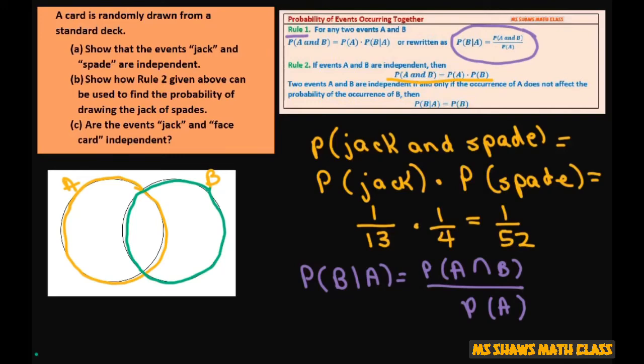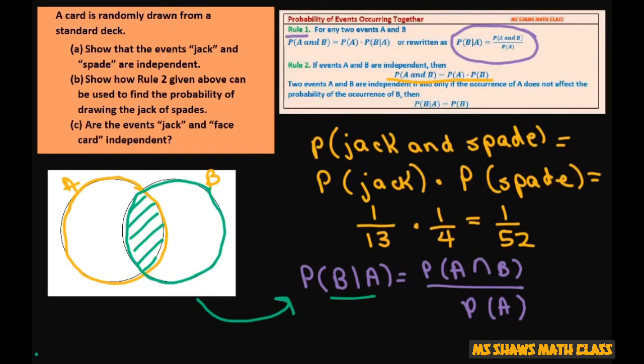We can ignore everything outside the A circle in the diagram. So the probability of B given A is just the fraction of A sample points that are in B. So that would be these in here. That's the Venn diagram for this.